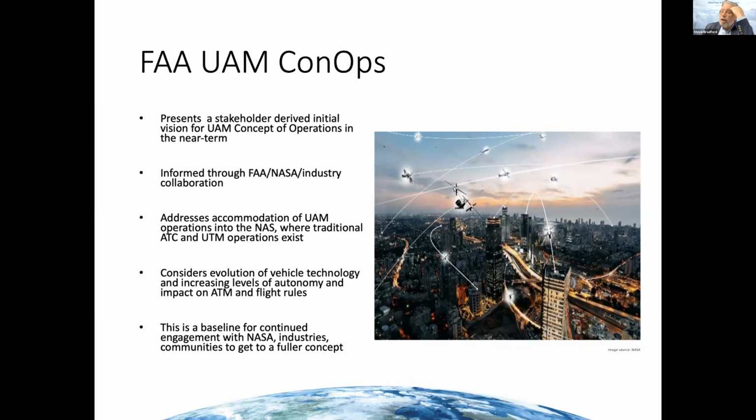If you get a copy of the ConOps, you'll realize that I signed it because I can do the disclaimer that it's a research project on the way to go. But it does capture many of the things we heard from the industry, and we want to continue to work with industry. It addresses accommodation of UAM operations into the NAS where traditional ATC and UTM operations exist.